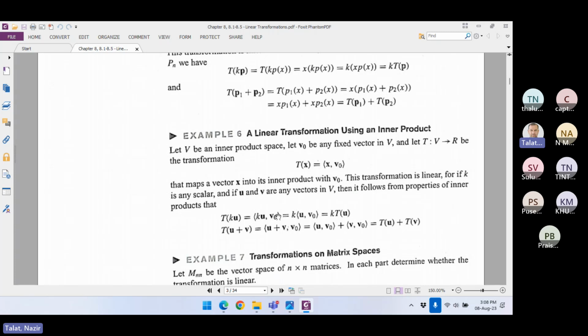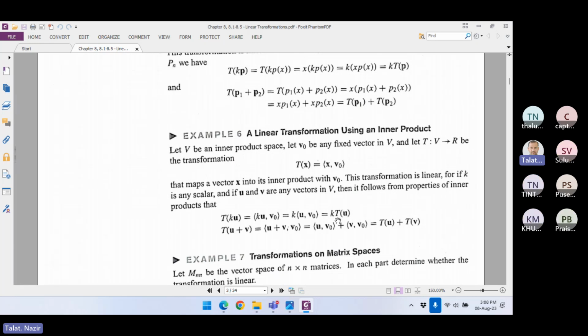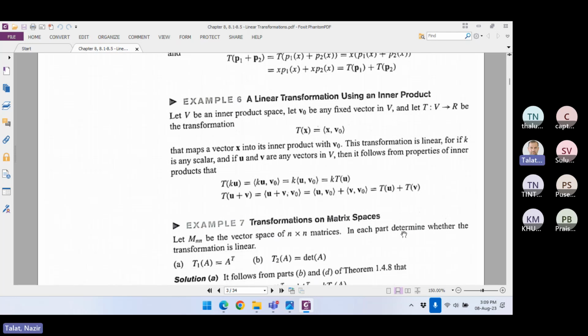We know that k can be taken as a common factor from the inner product. If we take k separate, then the rest of the thing will be equal to T of u. It means T of ku is equal to k times Tu. And moreover, T of u plus v is equal to T of u plus T of v. In the inner product we have this additive property, and we can distribute it into the two forms, and hence this transformation using the inner product is a linear transformation.